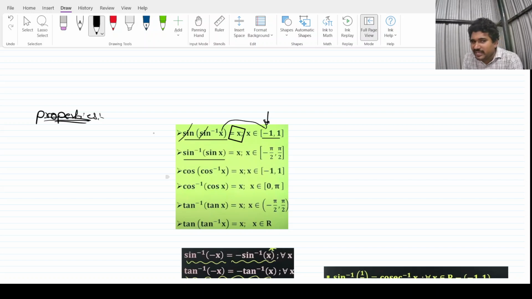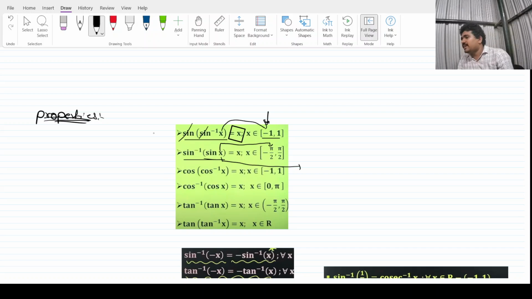Another one: sine inverse of sine x. Here also you can cancel the sine and sine inverse when x is within minus pi by 2 to pi by 2 only. Is that clear? If it crosses that, you cannot.